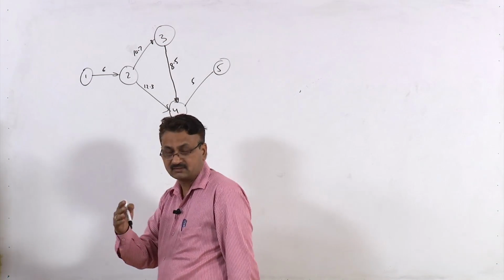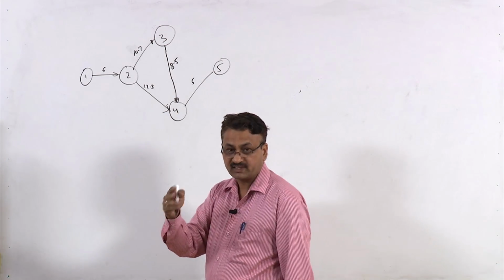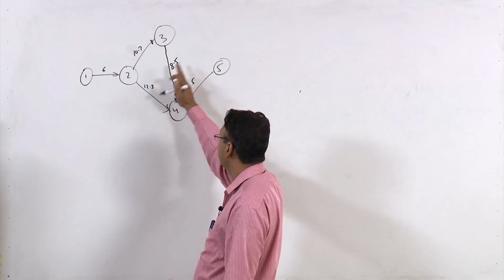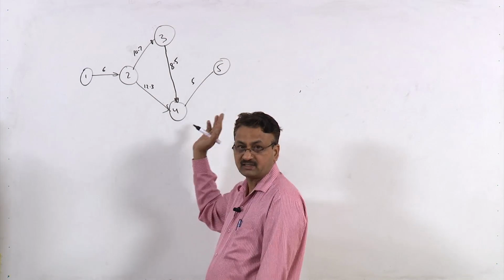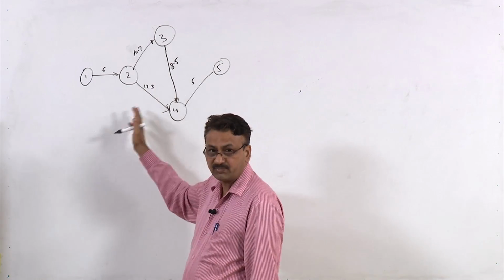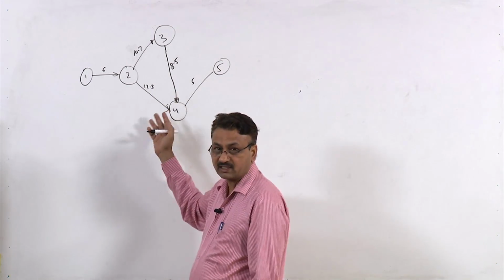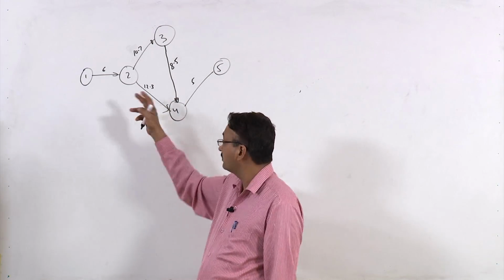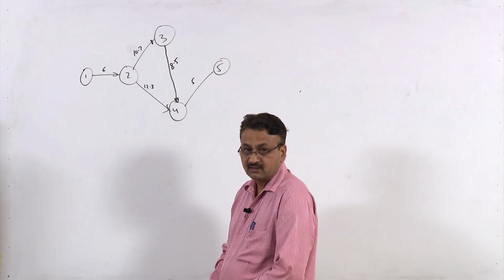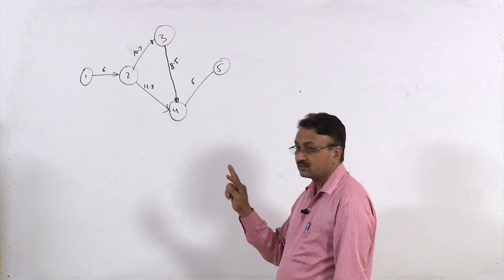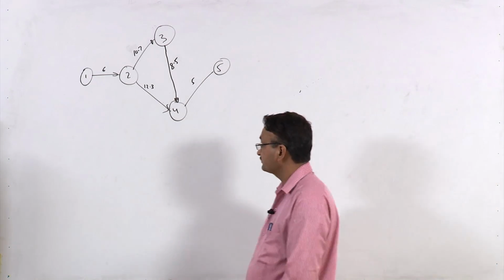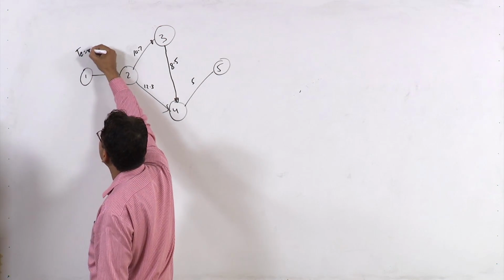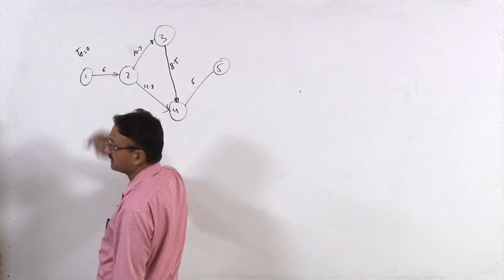For that there are a couple of methods. Either you just take T values at all these nodes and select the longest path, since this is a very simple network, so you can do that. Otherwise, you need to calculate TE and TL at all the nodes and then find out where slack is 0. We'll follow the second approach.